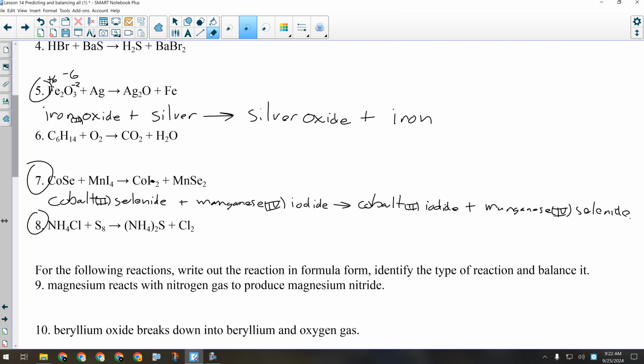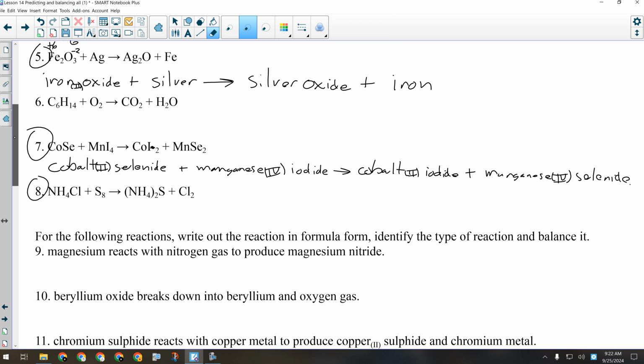Okay? All right, and then we got polyatomic ions. Okay, for number 8 here, so we've got ammonium chloride, okay, and it is reacting with sulfur, okay, and that is going to make ammonium sulfide.